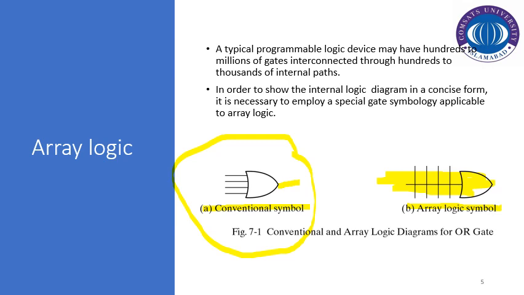This is the symbolic representation for the OR gate or the OR operation. This is the array logic symbol for the OR. Similarly, for the AND operation we will use this symbol, and these lines represent the number of connections, and so on and so forth.